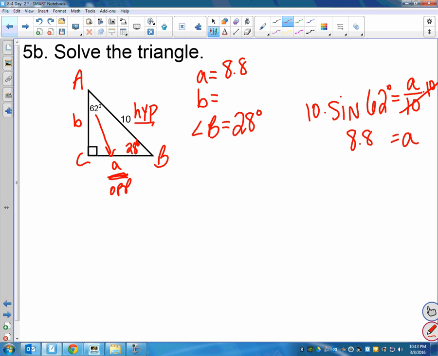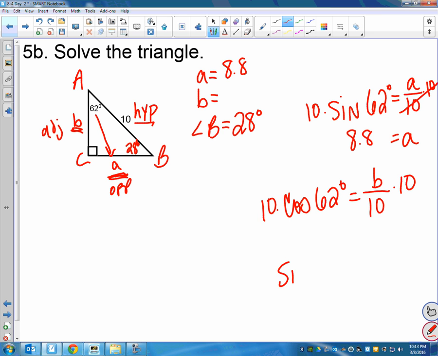And so I would do trig again, and I would actually stick with 62 degrees. So I would now look at B, and compared to 62 degrees, B would be the adjacent side. So I'm going to do the cosine of 62 degrees, and that would equal B over 10. And to me, that's way less work than Pythagorean theorem. Maybe you would do the sine of 28 degrees, and just to show you, I'm going to do both of these.